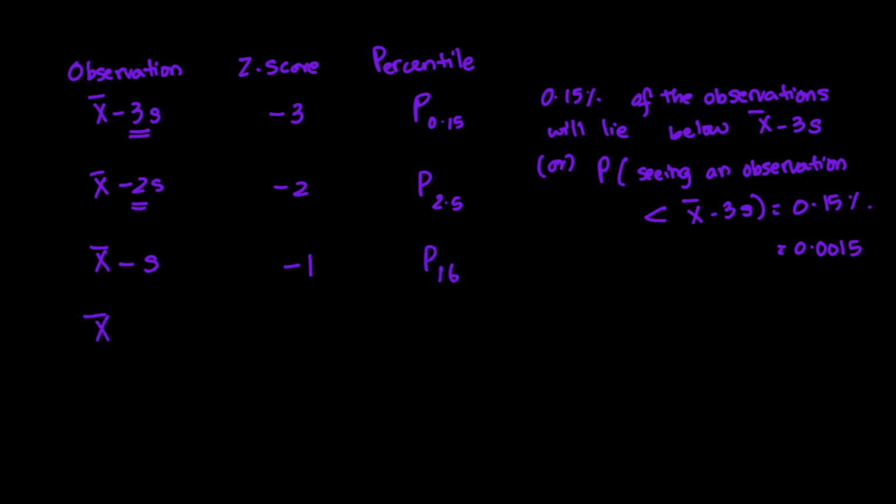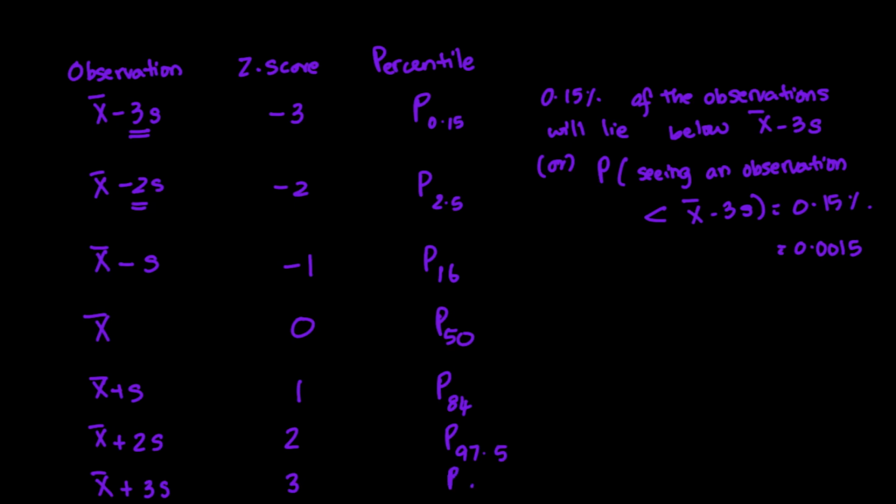X bar would correspond to a z-score of 0, which is the mean of the data itself, and it would correspond to P50. X bar plus s would have a z-score of 1, and the percentile would be P84. X bar plus 2s would have a z-score of 2, which would be percentile 97.5, and x bar plus 3s would have a z-score of 3, and the percentile is P99.85.